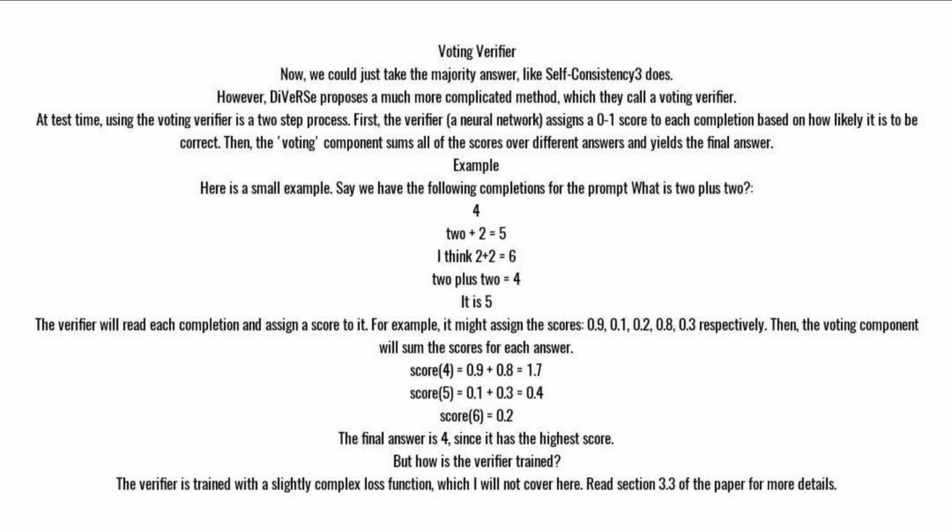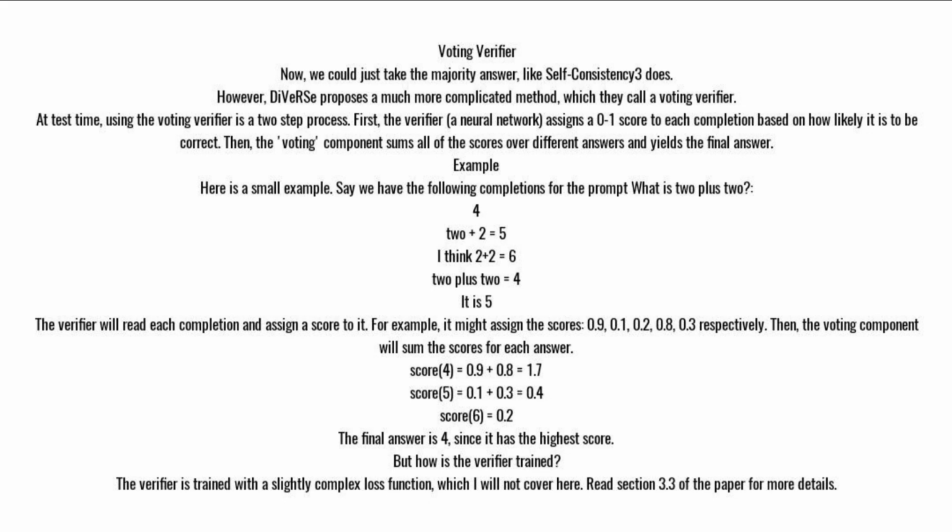Example. Here is a small example. Say we have the following completions for the prompt: what is 2 plus 2? 4. 2 plus 2 is equal to 5. I think 2 plus 2 is equal to 6. 2 plus 2 equals 4. It is 5. The verifier will read each completion and assign a score to it. For example, it might assign the scores 0.9, 0.1, 0.2, 0.8, 0.3 respectively.